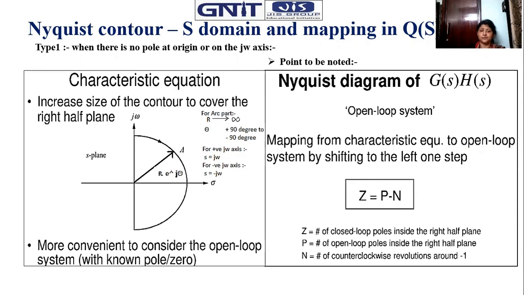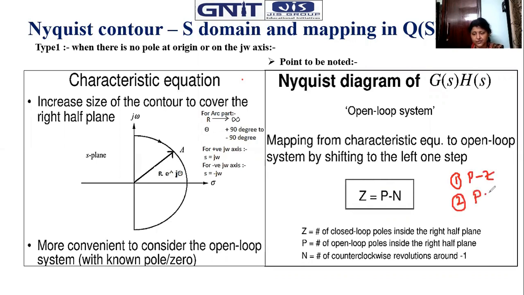From the PZ map, you can easily obtain the number of poles. But for zeros, you have to consider a technique of how to count the number of zeros that exist in the right hand side. We will come to that point. So here Z is basically the closed loop poles.